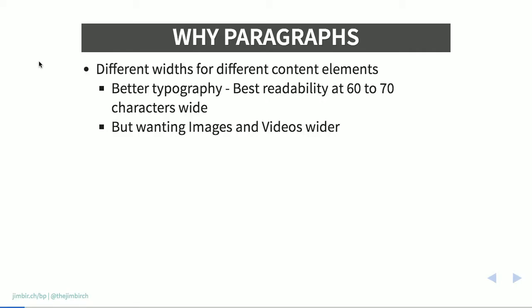A lot of studies have shown that 60 to 70 characters is perfect. But when you do that, you have a column in the middle of the screen. To restrict images there, you're missing that big viewport of your screen. So we needed a way to get text here, images and video here.